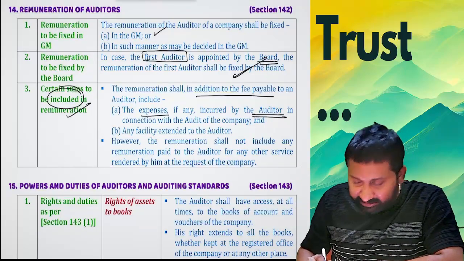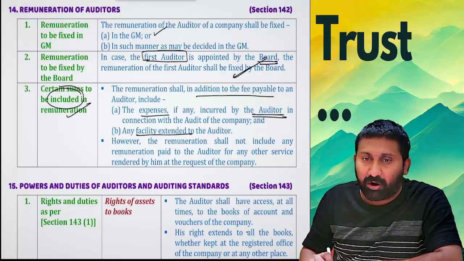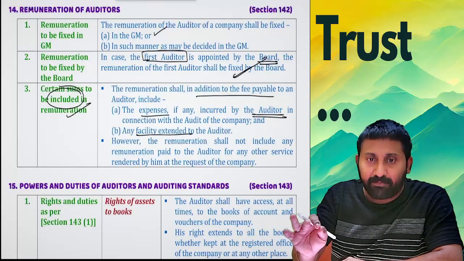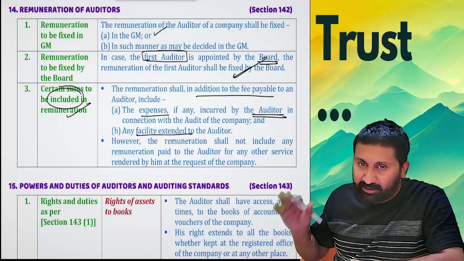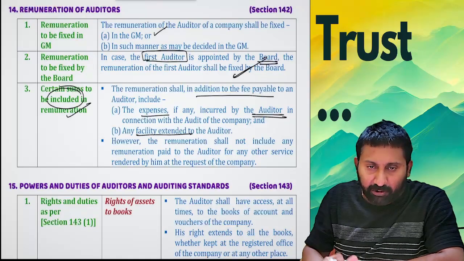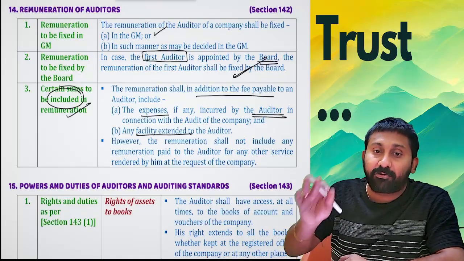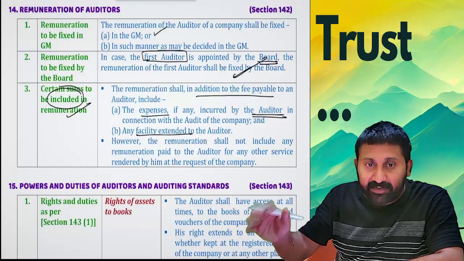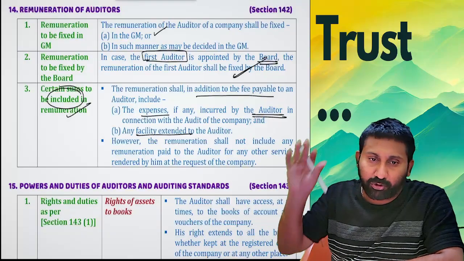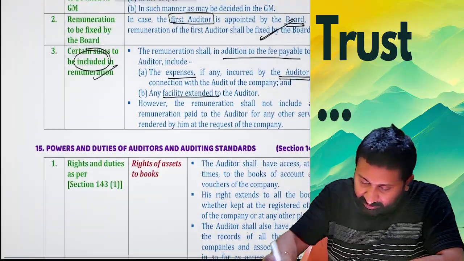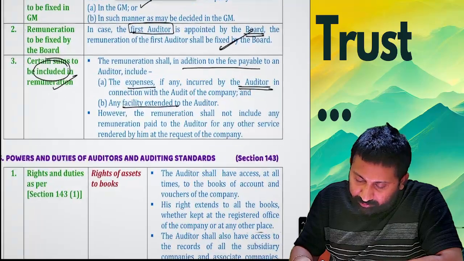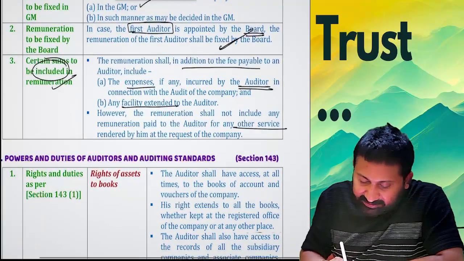Next, any facility extended to the auditor. For example, the auditor is in Hyderabad, he has to come to Delhi for audit. From Hyderabad to Delhi, whatever airfare facility you promised him, that you should pay back to him. However, it shall not include payment for any other service. Means what?